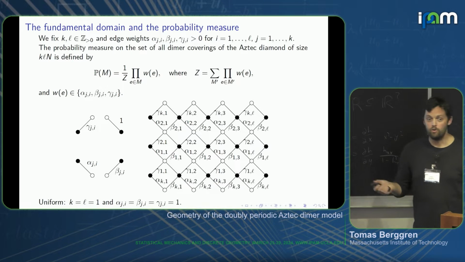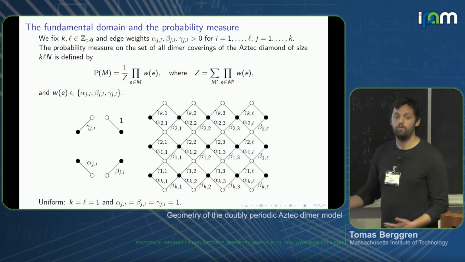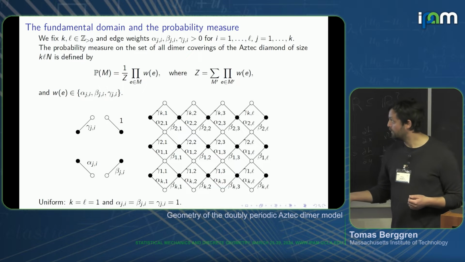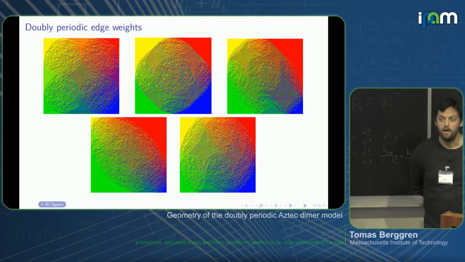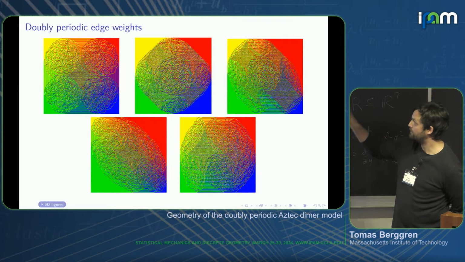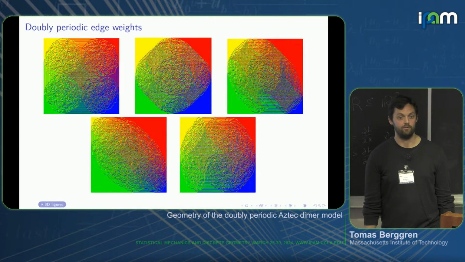So in the simplest possible case, when K is equal to L is equal to 1, and all the edge weights are 1, we recover the uniform measure. And it turns out that if you do this, you have something similar, but still a lot more is going on.